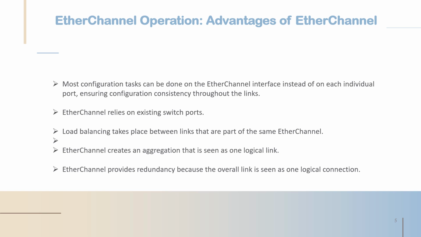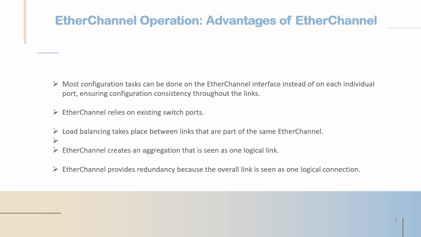EtherChannel creates an aggregation that is seen as one logical link, which means that when several EtherChannel bundles exist between two switches, Spanning Tree Protocol may block one of the bundles to prevent switching loops. And when Spanning Tree Protocol blocks one of the redundant links, it blocks the entire EtherChannel.